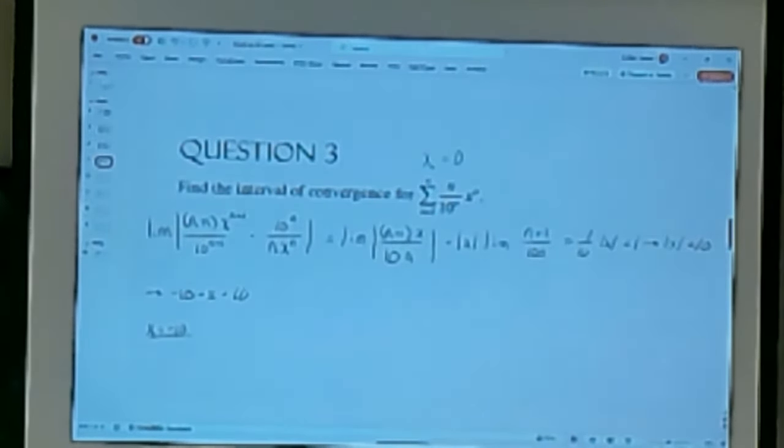At -10, we get n over 10 to the n times -10 to the n. Simplify that.